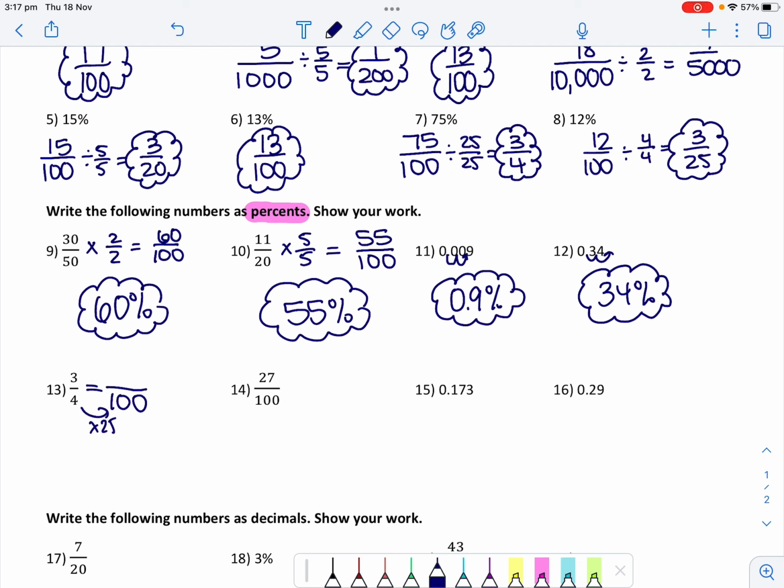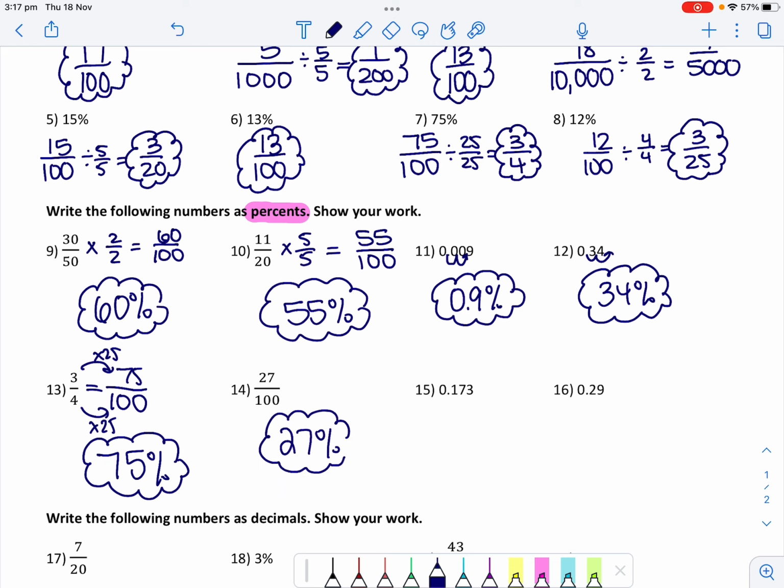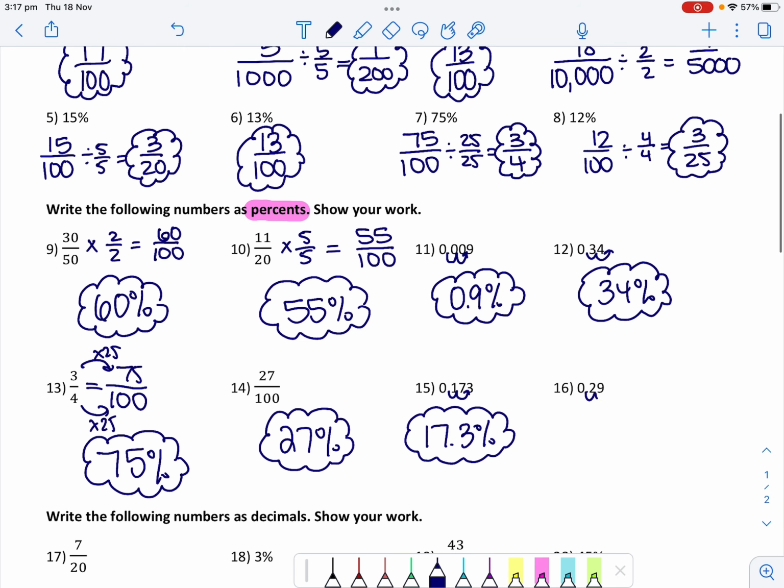So times 25 is going to be 75 over 100, which is 75%. 27 over 100 is already over 100, so 27%. For 0.173, I'm going to move the decimal 2 times to the right, so 17.3%. And for 0.29, I'm going to do it twice to the right, so 29%.